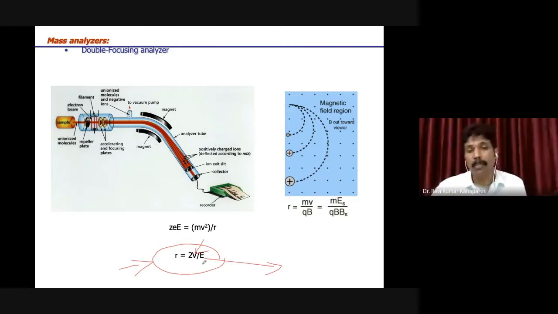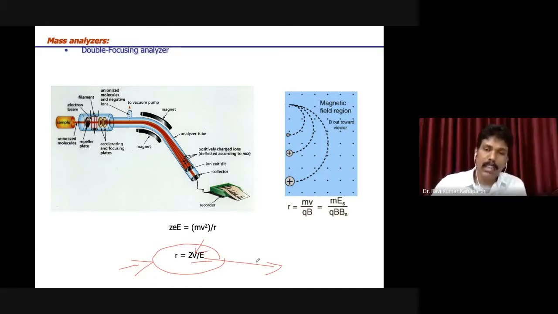R doesn't depend upon the momentum of the ions. It only depends upon the applied voltage and the electrostatic field. So unique fragmented ions will take a unique radial path under special conditions, for a unique V and E value.